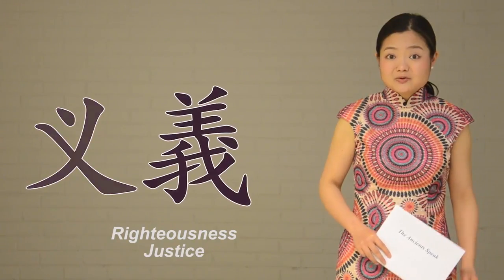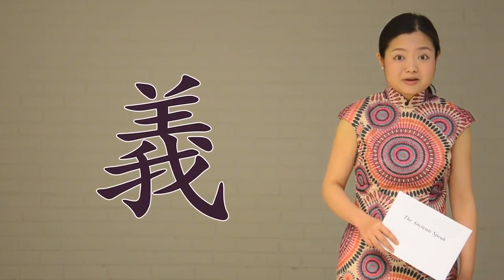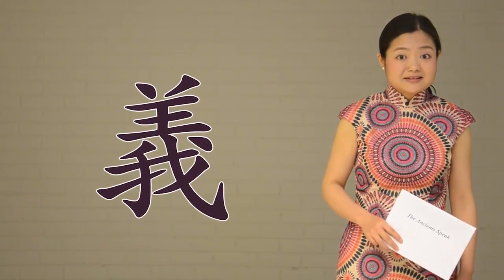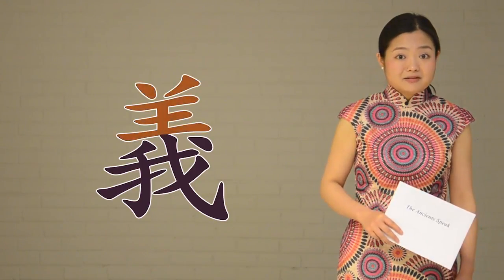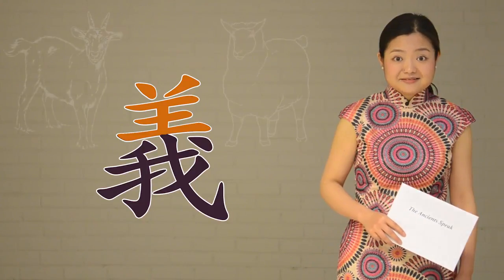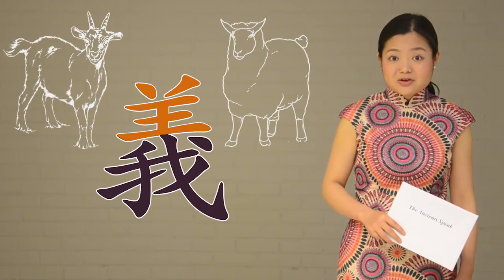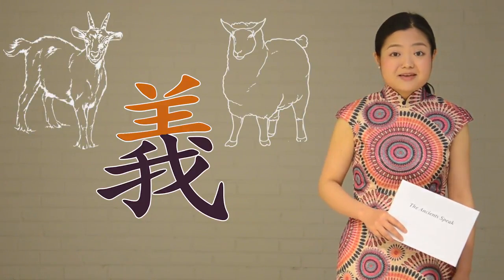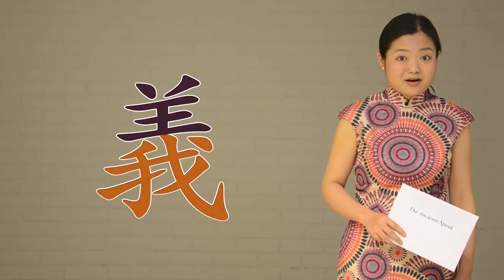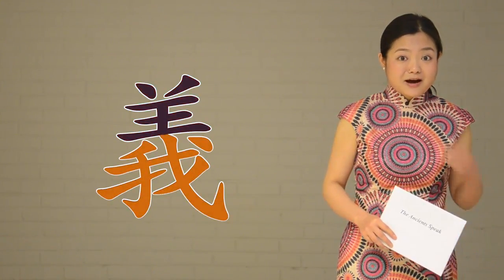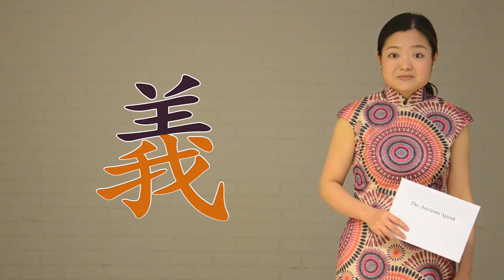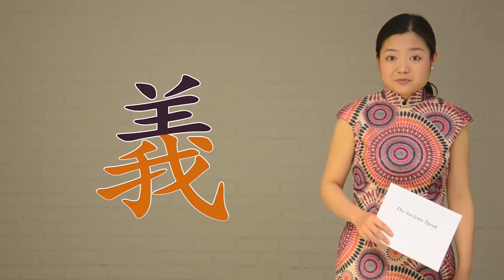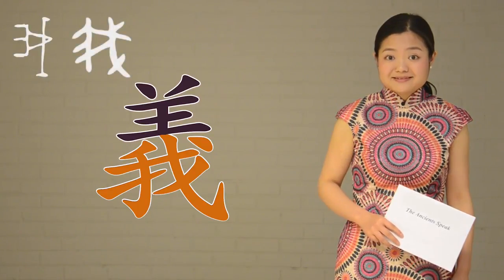Now let's take a closer look at its traditional form, as it helps us to understand how this word was invented. The upper part of Yi is Yang, which means goat or sheep. The lower part is Wo, which is the Chinese word for I or myself. Yet, in ancient times, the original meaning of Wo was that of a weapon.